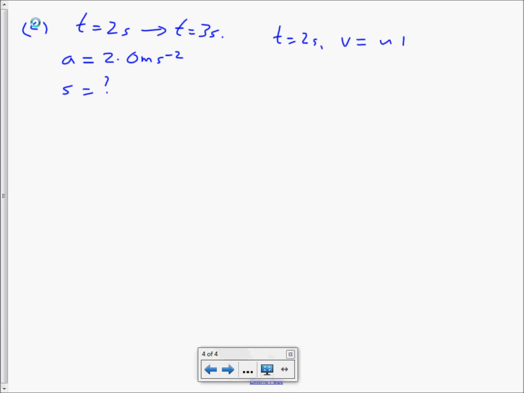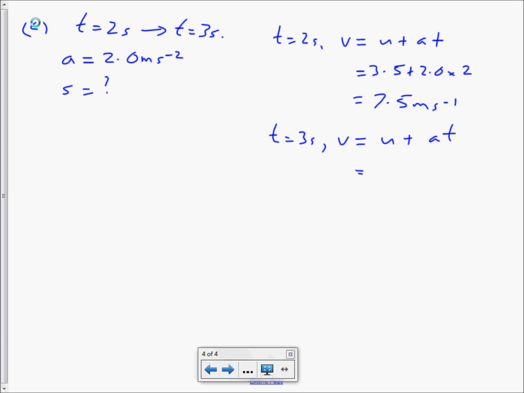V equals U plus AT. We started off at 3.5 plus 2.0 times 5, so that's 10. Sorry. 2.0 is the acceleration times 2 seconds. So that's 7.5 meters per second. At t equals 3 seconds, the velocity would be u plus at again.